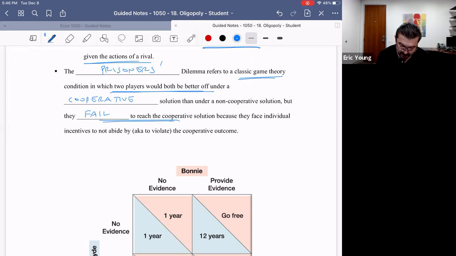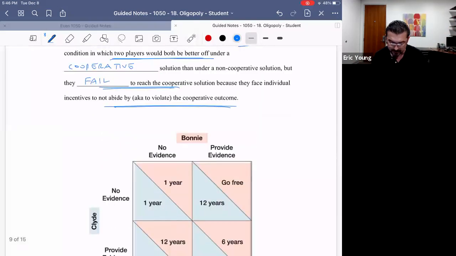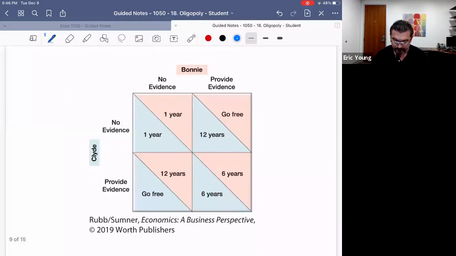So a prisoner's dilemma refers to a classic outcome in which the counter incentives take them from a cooperative solution, which would be optimal, to a non-cooperative solution, which is suboptimal. In other words, they fail to reach the cooperative outcome.